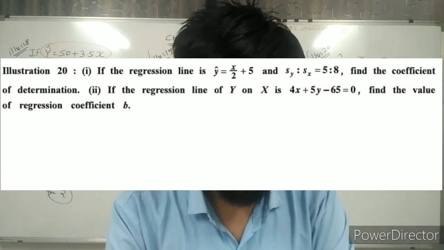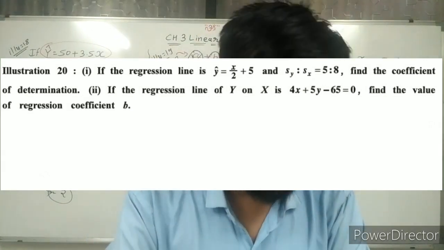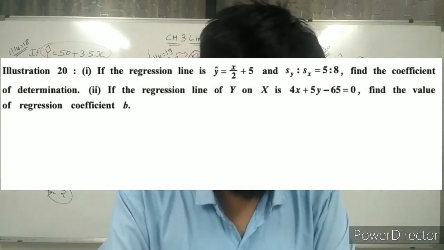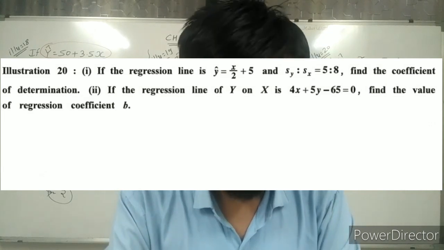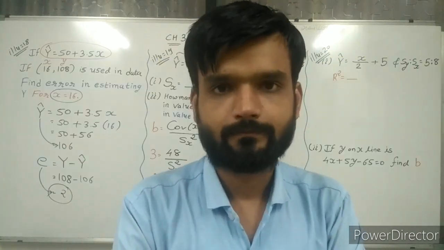This is the first question. Second question, if the regression line of y on x is 4x plus 5y minus 65 is equal to 0, find the value of regression coefficient b.